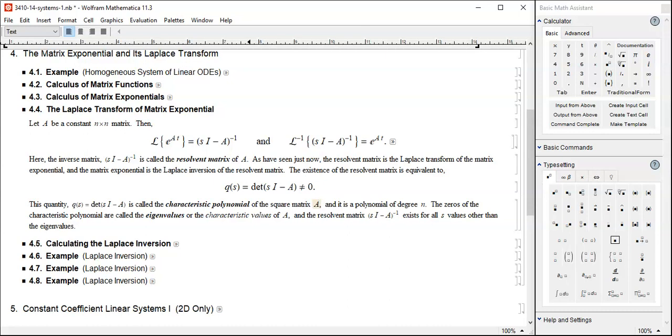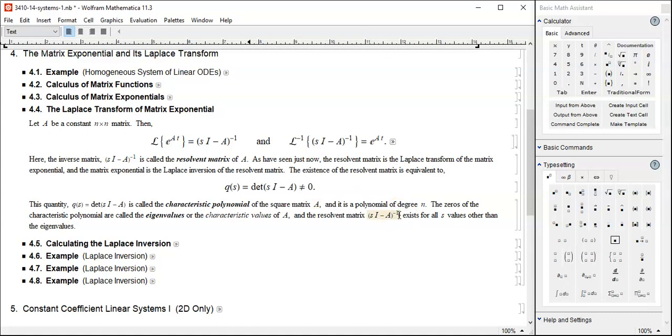That's because they are closely related to each other. It's a polynomial of degree n, and the zeros of this characteristic polynomial are called eigenvalues. For the eigenvalues, the resolvent matrices do not exist, but otherwise resolvent matrices exist.